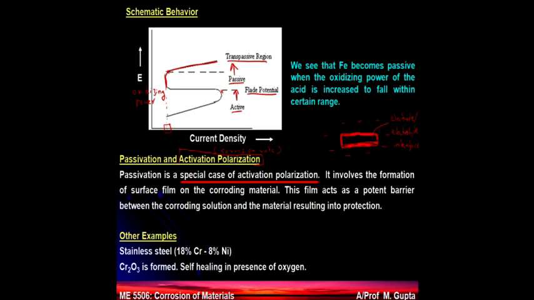So if they make chromium oxide on top of it, the interface is controlled now. Now you have a chromium oxide which does not allow the oxygen or fresh water to go through. So the metal cannot go into the solution because chromium oxide is a protective oxide. So stainless steels show passivity in the oxygen-containing environment.